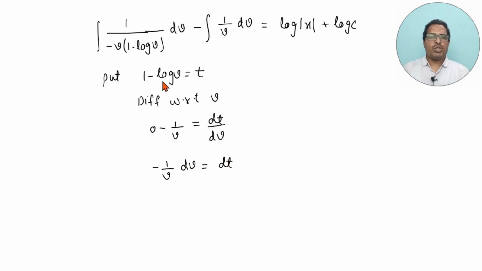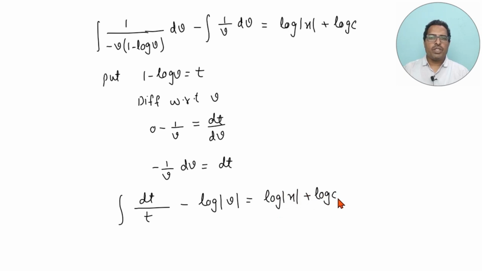Now substitute this 1 minus log of v and minus 1 by v dv in the given integral. We get integral of this minus 1 by v into dv is what? Its value is dt, divided by 1 minus log v, this 1 minus log v value is t, minus this integral of 1 by v dv is nothing but log of mod v, is equals to, we have log of mod x plus log of c.